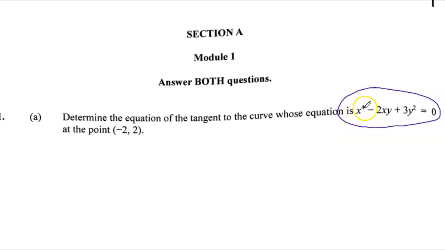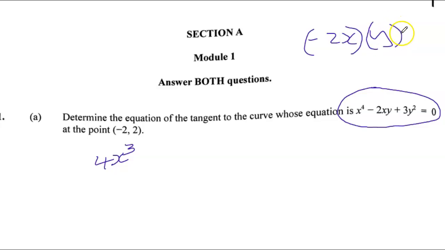So differentiate x to the 4th power, we multiply by the x power and subtract 1, so that's 4x to the 3rd power. Then negative 2xy is a product, so we'll treat the negative 2x as a function and treat the y as a separate function and apply the product rule. So product rule says we differentiate the first, so that's negative 2x.